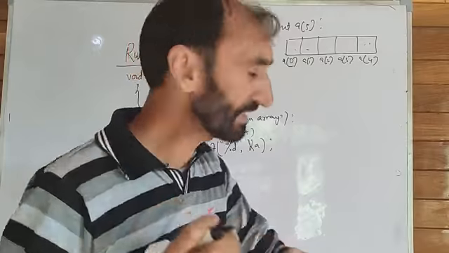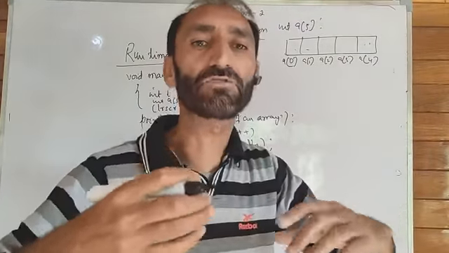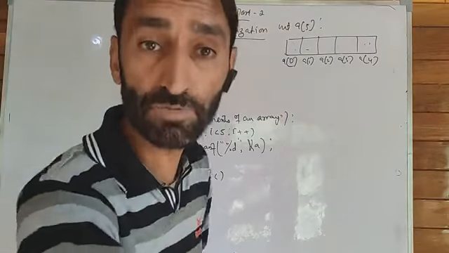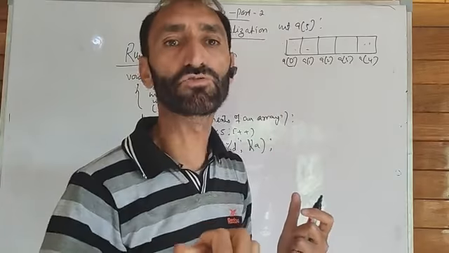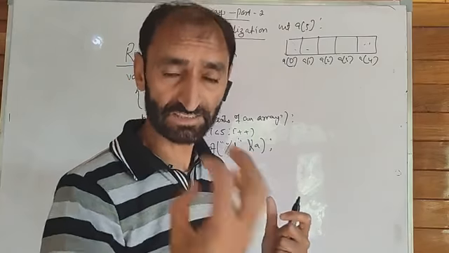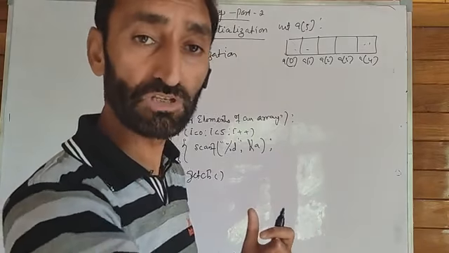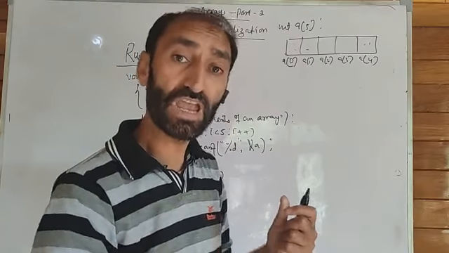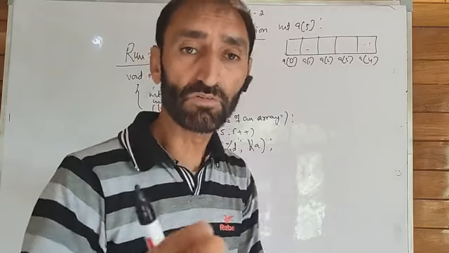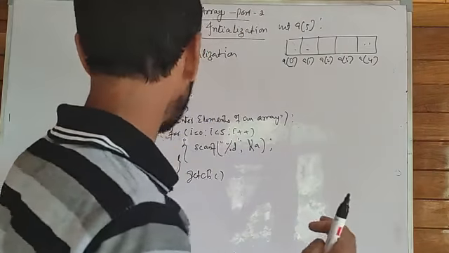If we want to change the values at runtime, if we want to take the values from the user, that means the user enters the values, at that time we are going to use runtime initialization.